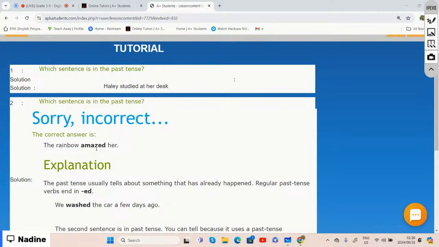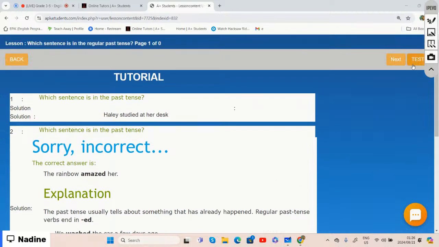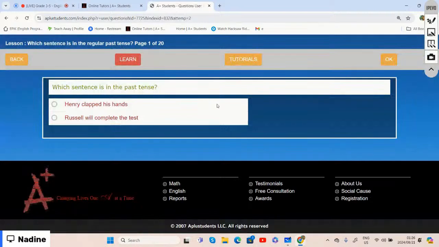All right, so let's go to our test, where we are going to say which is the regular past tense. It says, which sentence is in the past tense? Henry clapped his hands, or option 2, Russell will complete the test.